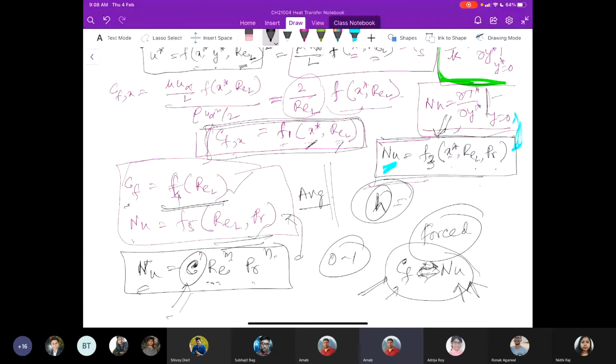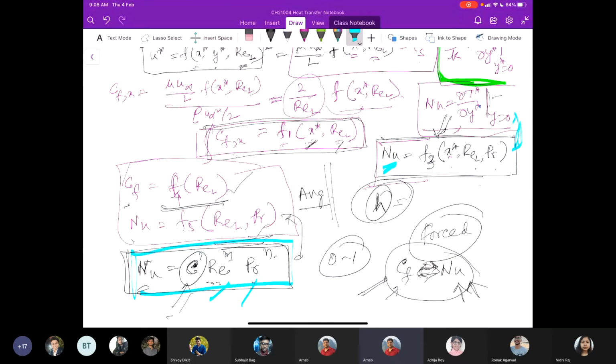Say, external flow over a spherical object, or flow over a different type of geometry. In that case, what would be the convective heat transfer coefficient? They expressed it mostly in this common form, where the Nusselt number is a function of Reynolds number and Prandtl number. This is the theoretical understanding.